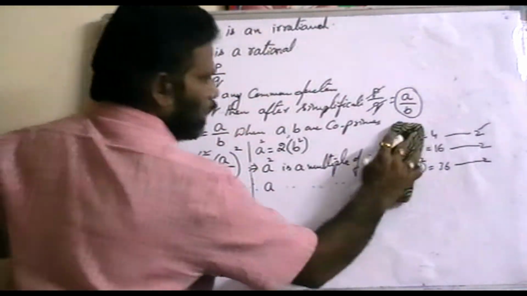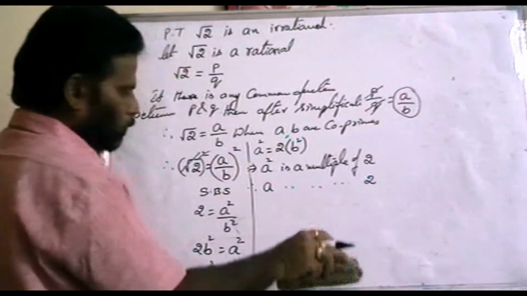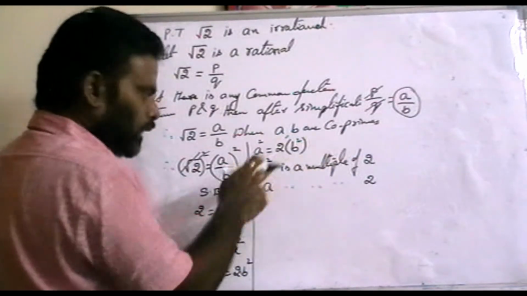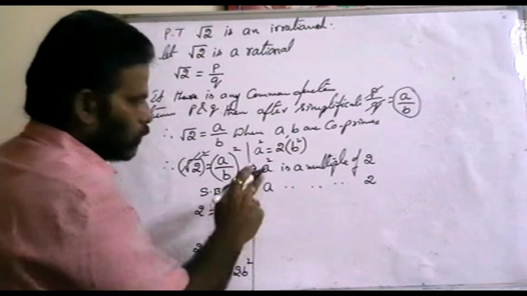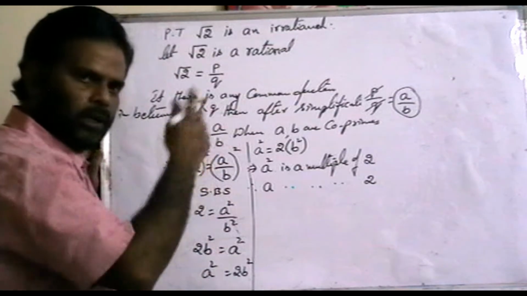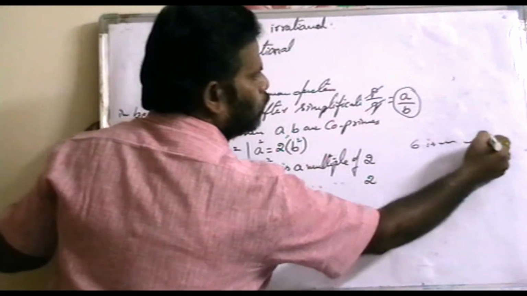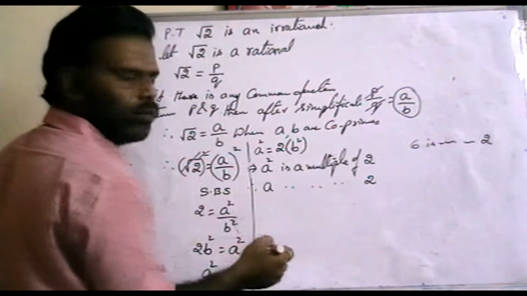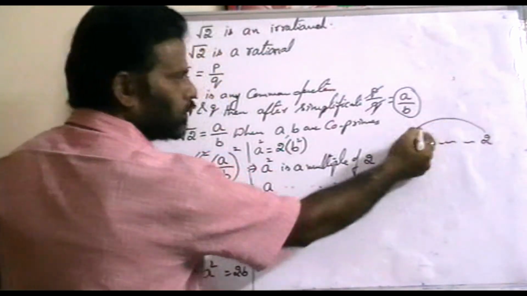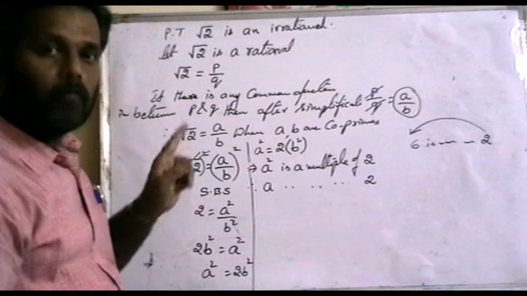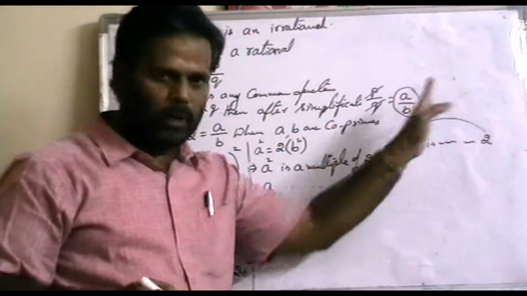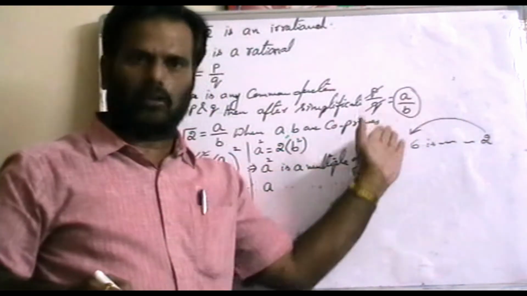That means if a square is a multiple of 2, then a is a multiple of 2. If a is a multiple of 2, for example 6 is a multiple of 2, therefore 2 is a factor of 6. If 6 is a multiple of 2, then 2 is a factor of 6.